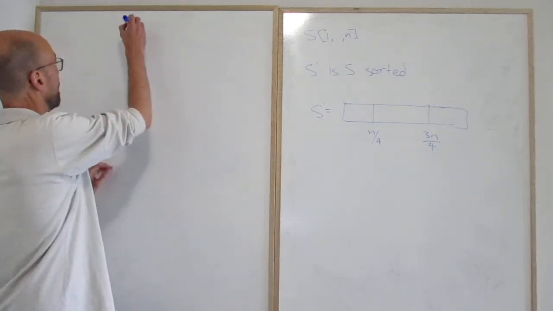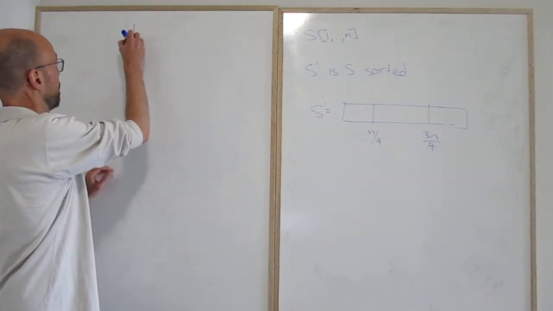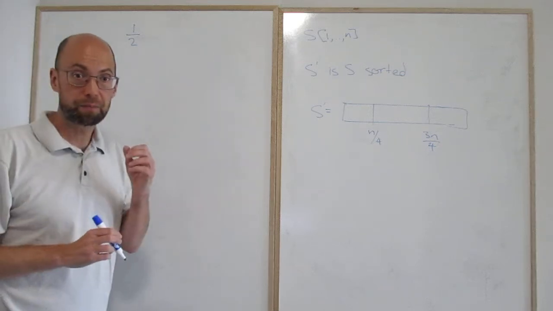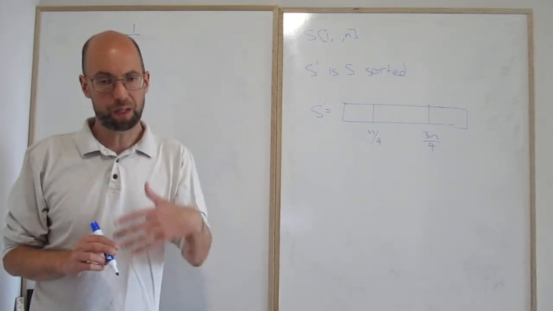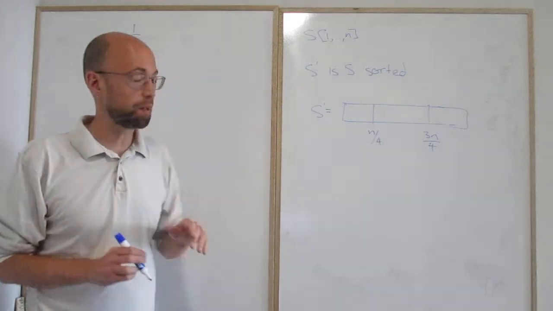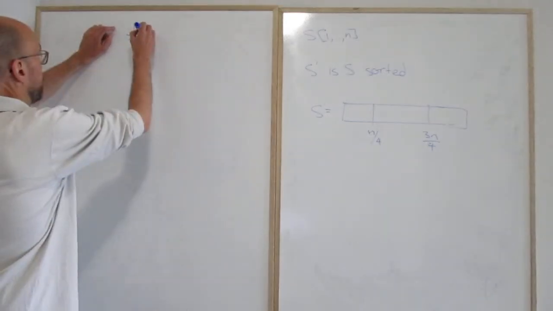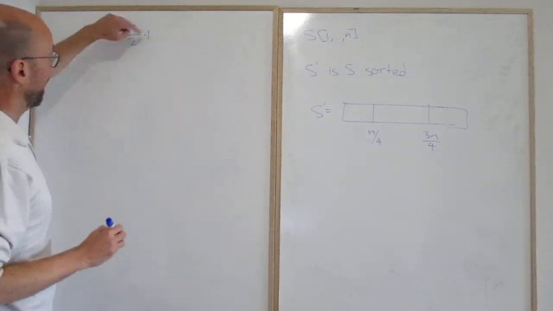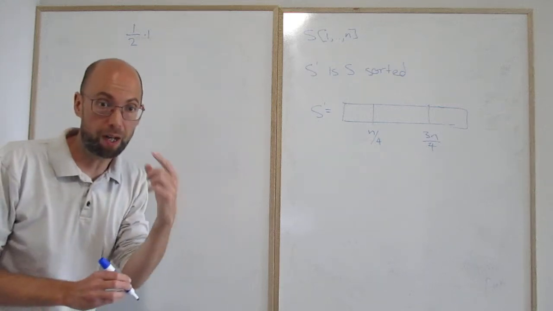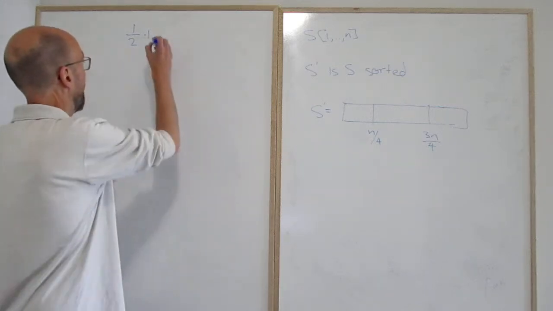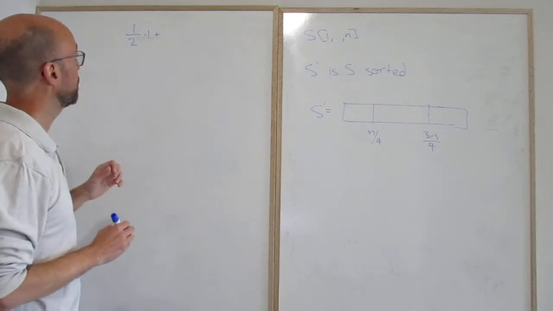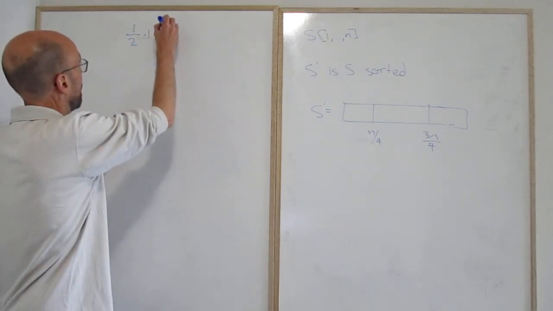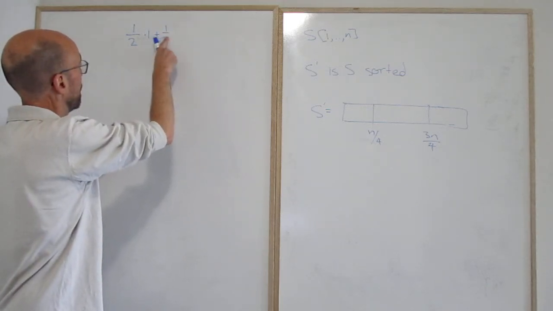What's the expected number of tries? So the probability is 1/2 that I use one try. I choose one pivot. And then the probability is 1/4, right?